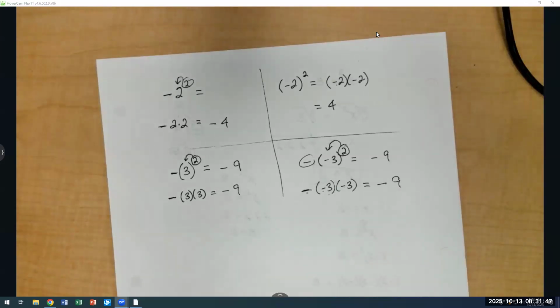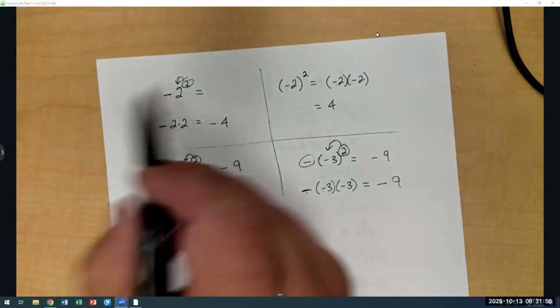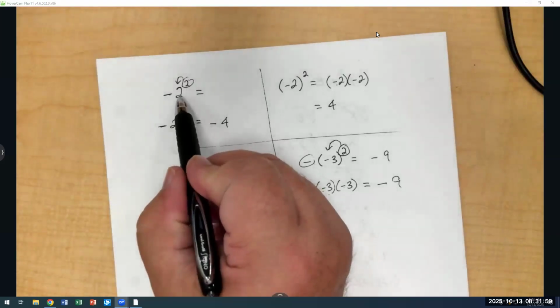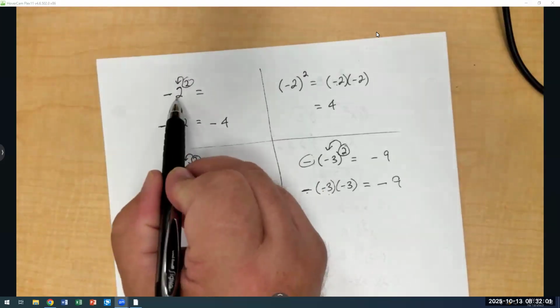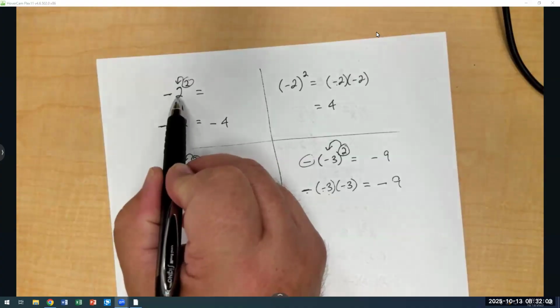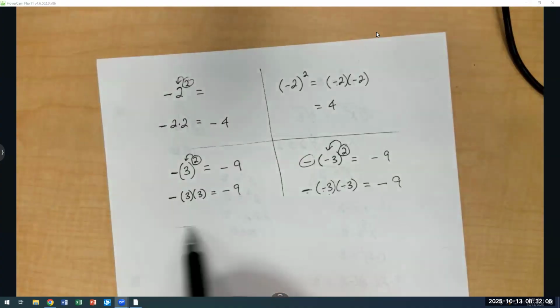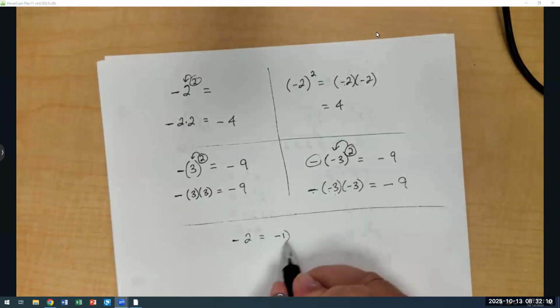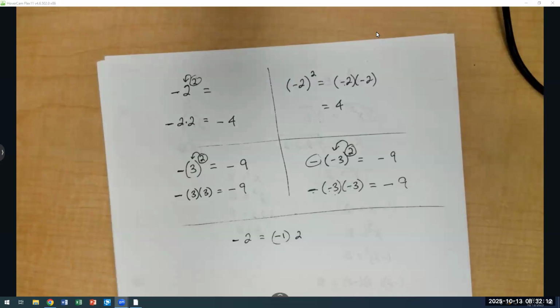So you have to be very careful about parentheses and what that exponent is touching. The exponent belongs to whatever is right below it. This negative is not part of that 2. What do I mean by that? Negative 2 is negative 1 times 2. They're two separate operations.